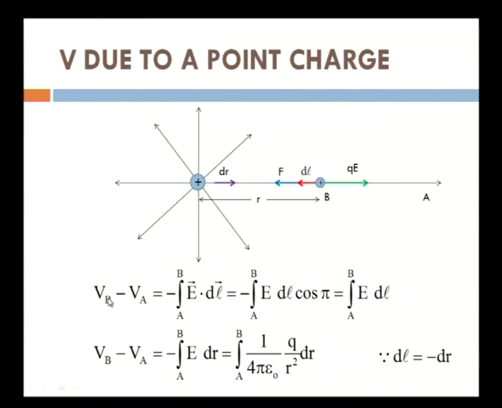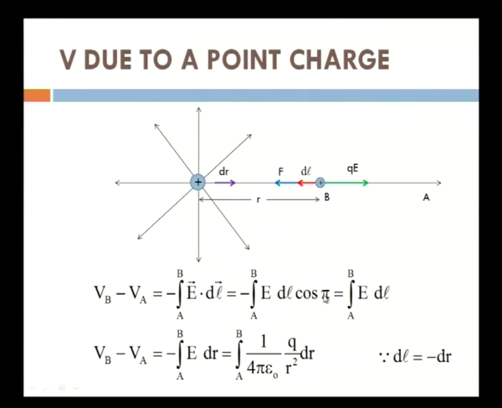So, we write the relation we have established between the potential and the electric field as the potential difference Vb minus Va is equal to negative of integral E dot dl. The beginning and end points are mentioned in the integral as the limits, and we replace the vector form with a scalar form.